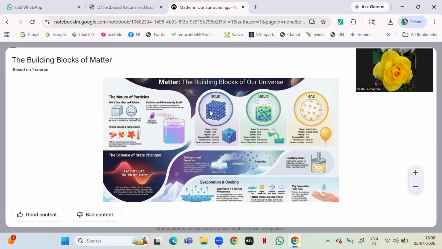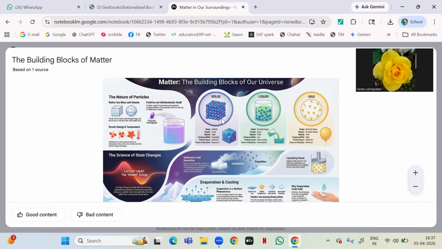As you know till now, solids have a definite shape and definite volume, liquids have a definite volume but no definite shape. So we'll be diving deep into the particle form of matter, and we'll see how these particles decide the properties of solids, liquids, and gases.